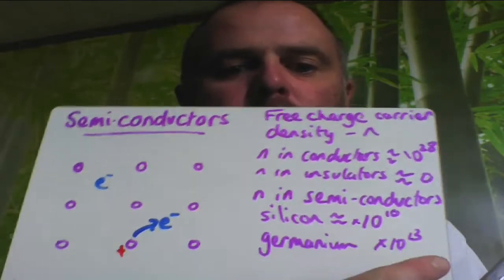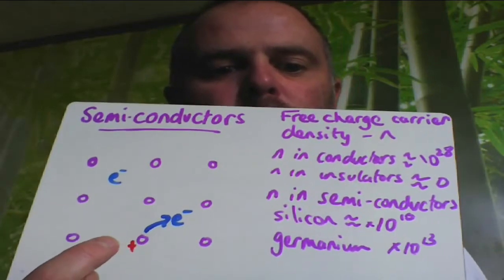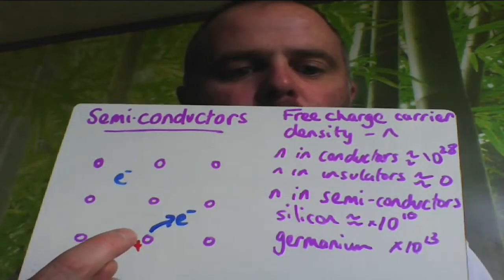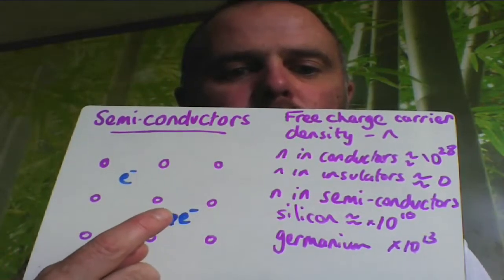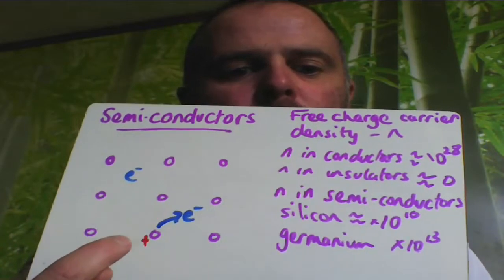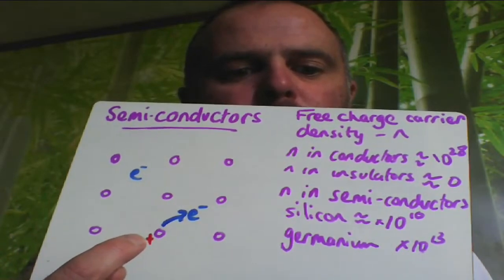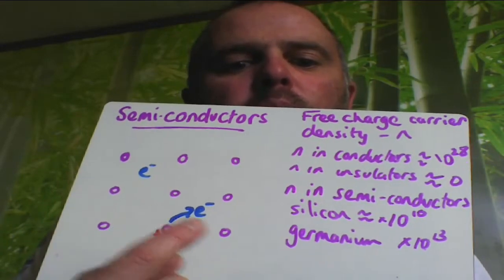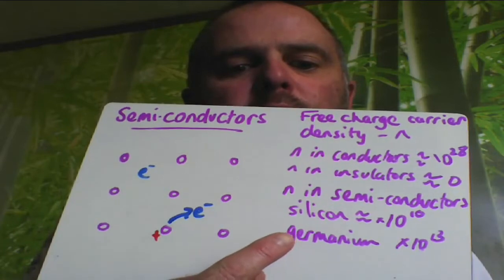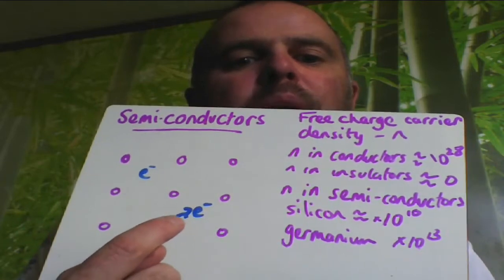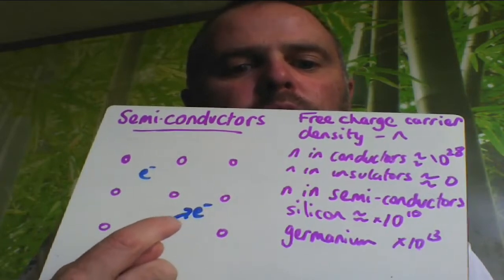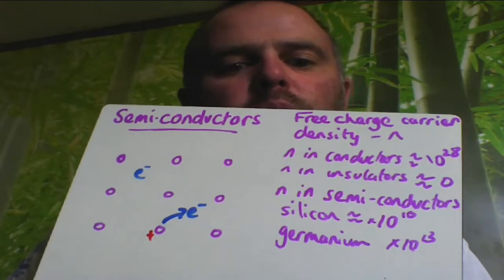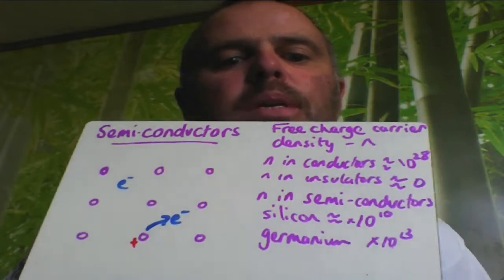It could be heat, could be a photon's energy that's freed up the electron. So now, all of a sudden, I have another free electron here that has come from this atom down here. So I've gained a free charge carrier, which, seeing as there's not a lot of free charge carriers available, is going to make a big reduction in resistance. Just a few additional free charge carriers makes a big difference.